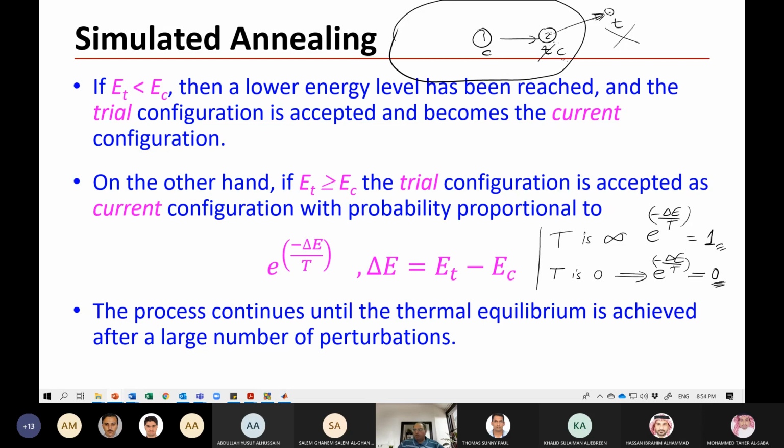Keep in mind that we need to minimize. So higher energy means a bad solution, and lower energy means a good solution. If T is very high, we can accept the higher energy configuration, or bad solutions. But when we cool it down and reach a very low temperature, the acceptance would be very, very limited.